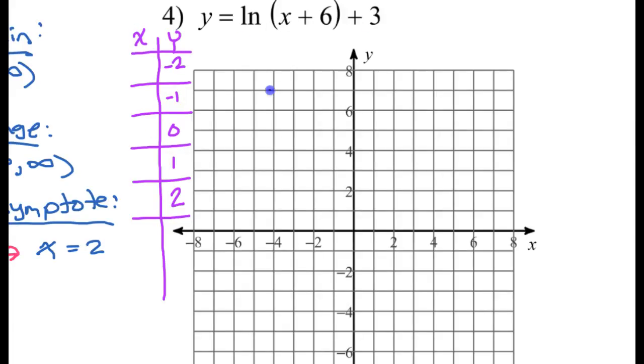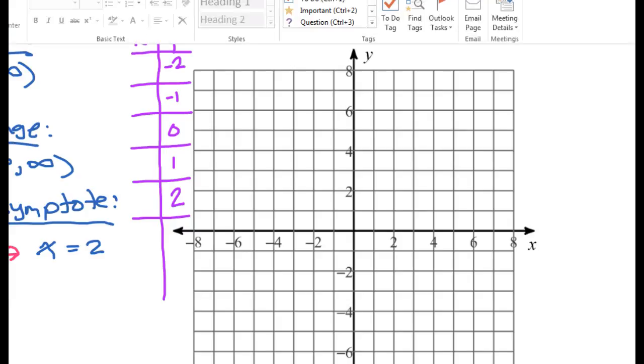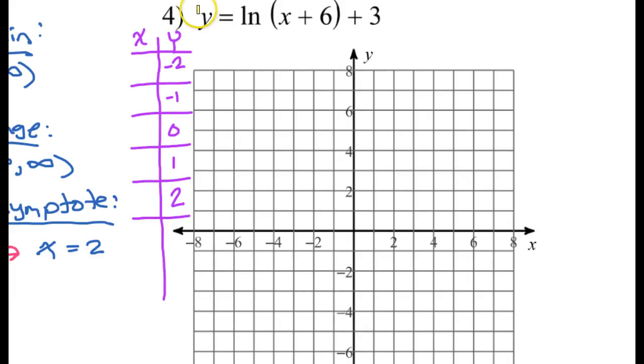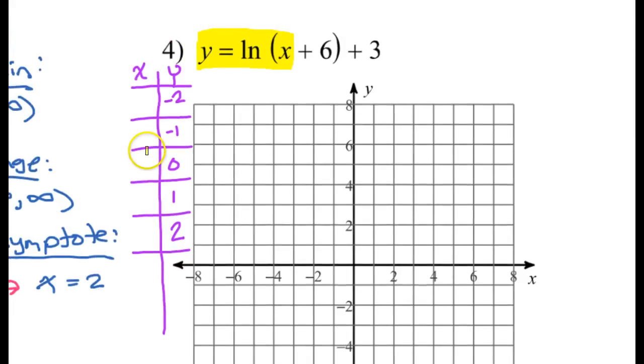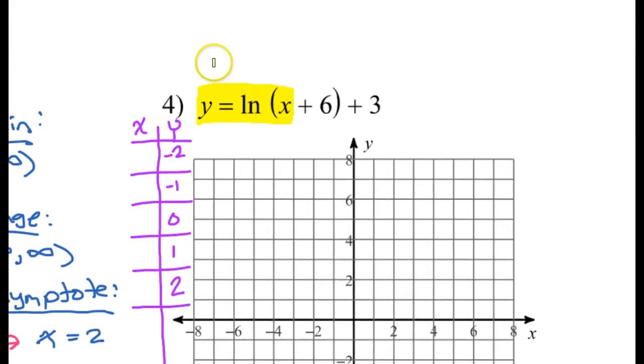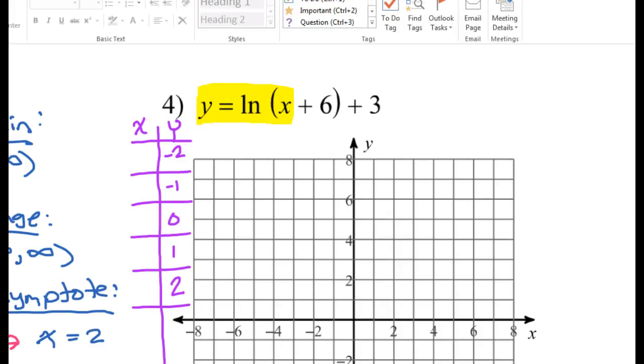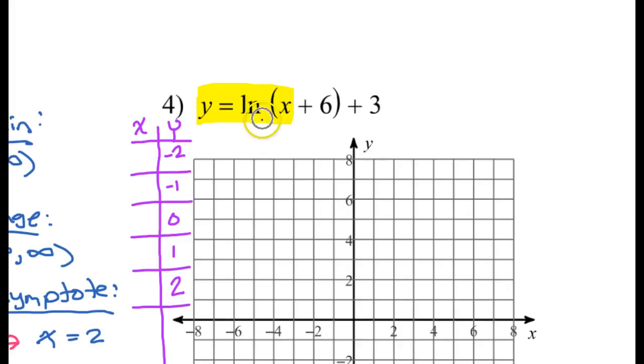So in order to find the x values, first of all, understand that I'm only talking about the parent function, y equals natural log x. So what I need to do is rewrite this parent function in exponential form. Now, natural log is log base e. So if I rewrite this in the other form, I'm going to start with that base e.